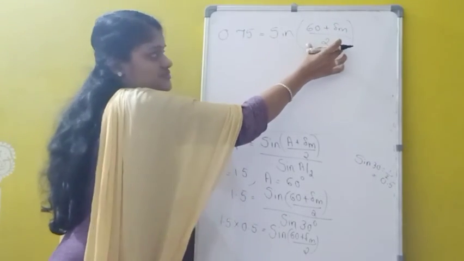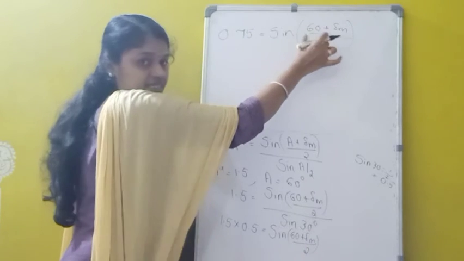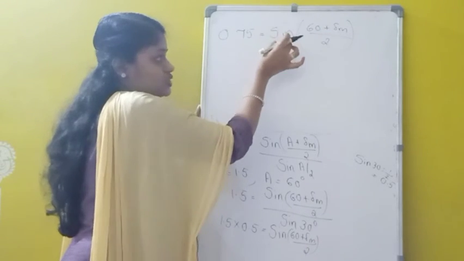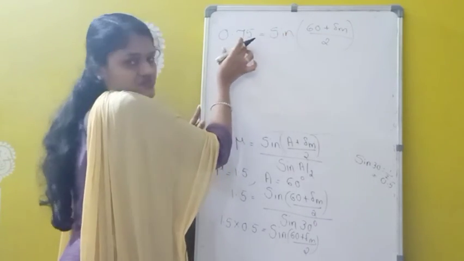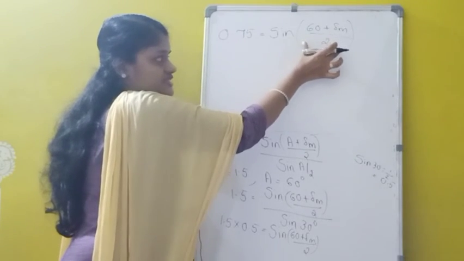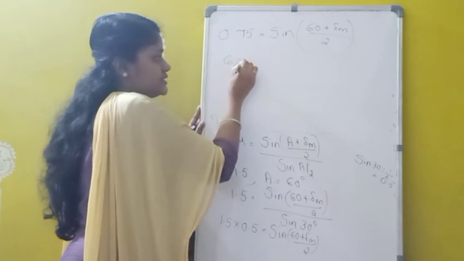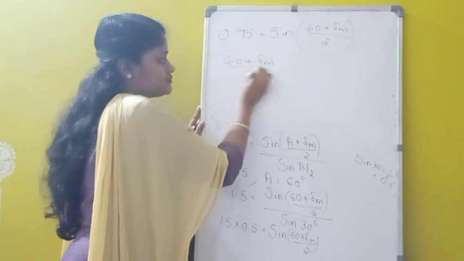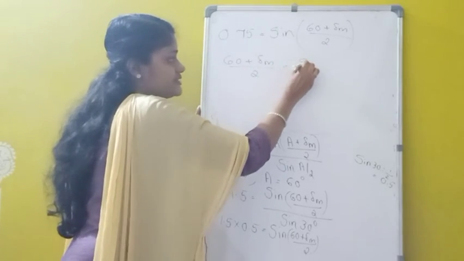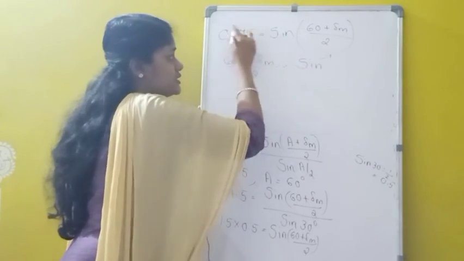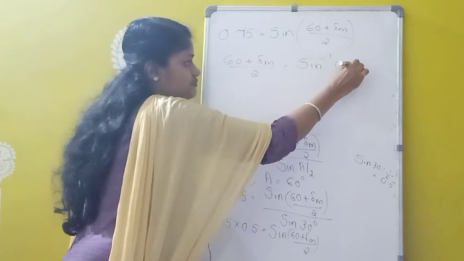Suppose we want to find the theta value from sine theta, we have to take the sine inverse. Here instead of theta we have (60 plus delta m) by 2. So how will you find this? Taking sine inverse of 0.75.